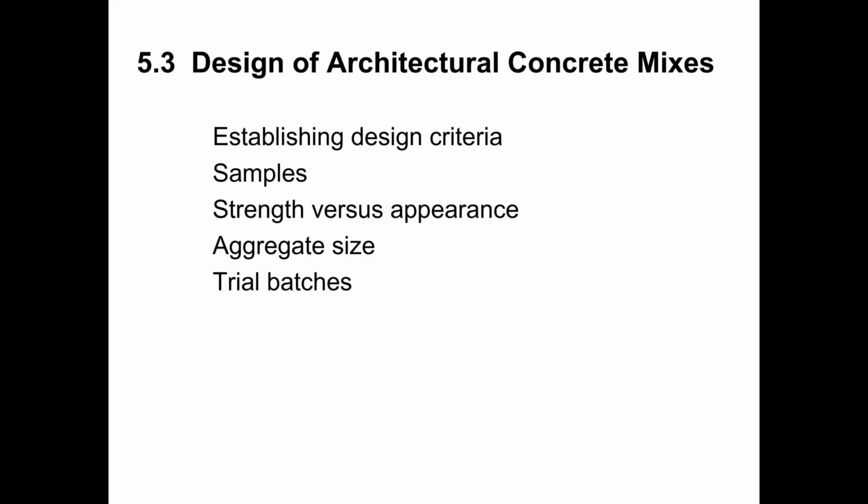A gap graded aggregate can give us decent strength, but it may adversely affect the workability of our mix. So we may have to use some different admixtures to account for that loss of workability in using a gap graded aggregate. So all of these things need to be taken into consideration, but they come secondary to establishing a mix design that has the appropriate appearance that the architect is looking for.